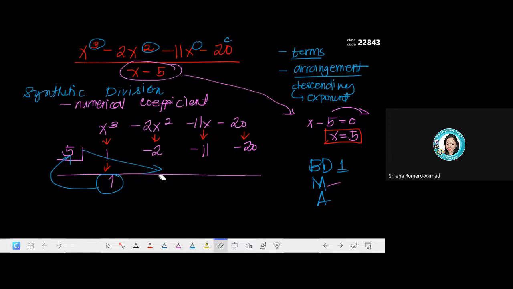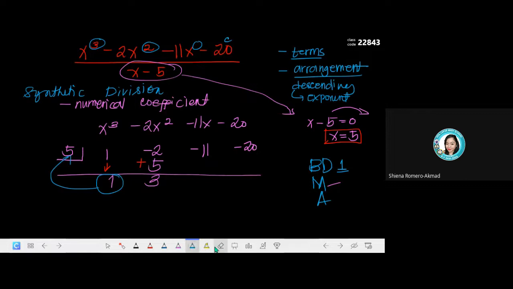Okay? So, pag multiply natin siya, 1 times 5 is 5. Sulat natin dito yung answer. Then, you have to add. Kapag in-add natin yan, ano yung magiging answer? Negative 2 plus 5. Of course, the answer is 3.